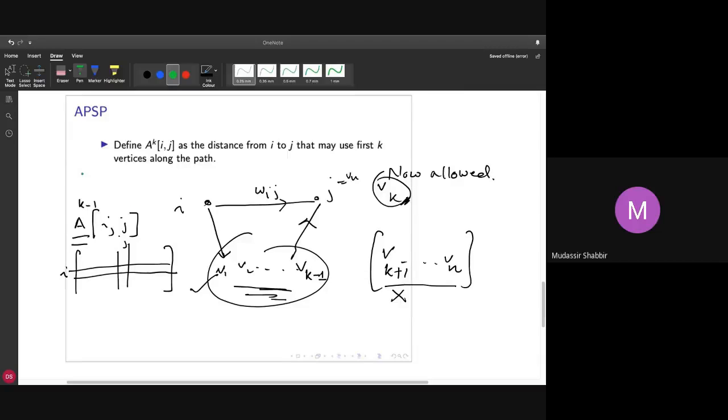Good. So now our goal is to find out how do we actually find a shortest path which only uses V1 through Vk, using the shortest path which only uses V1 to Vk minus 1.